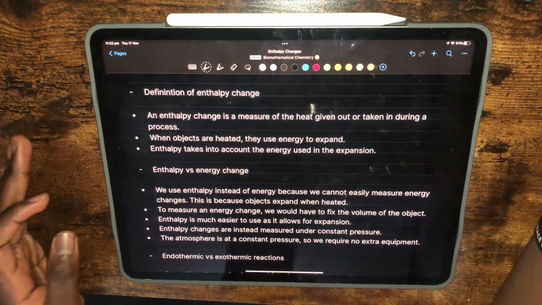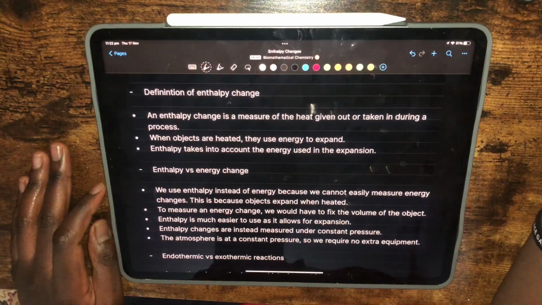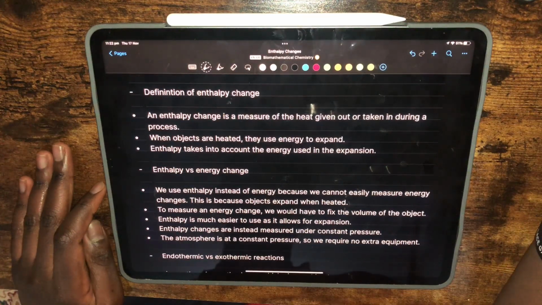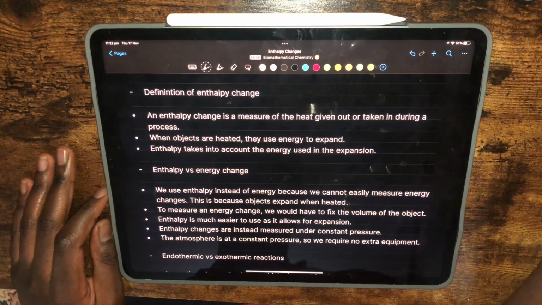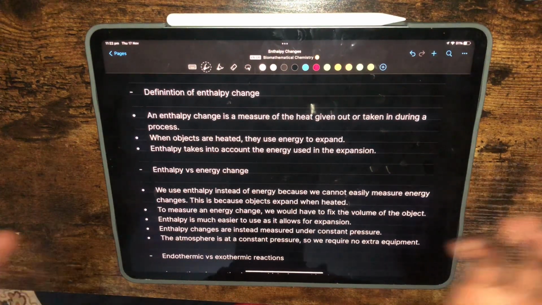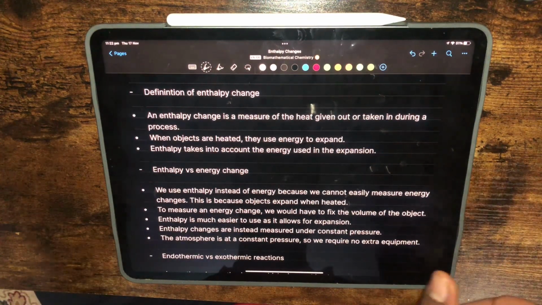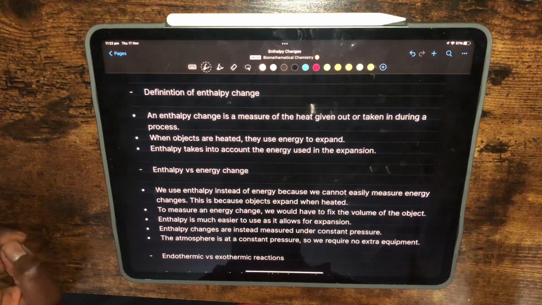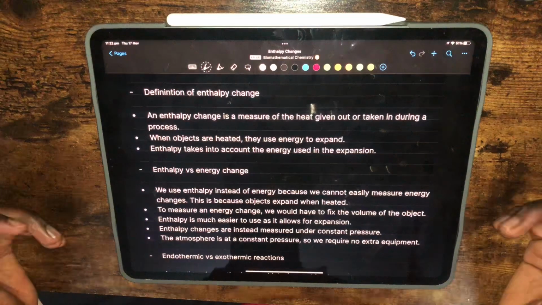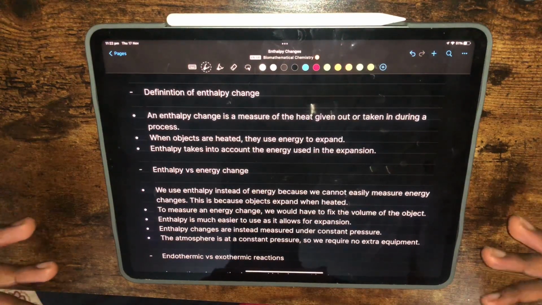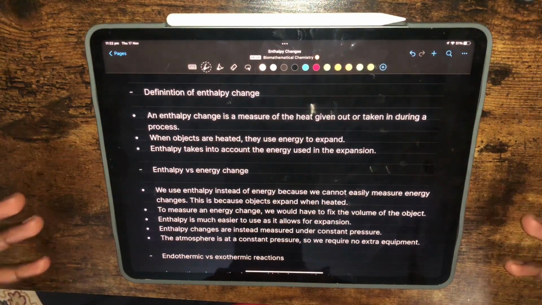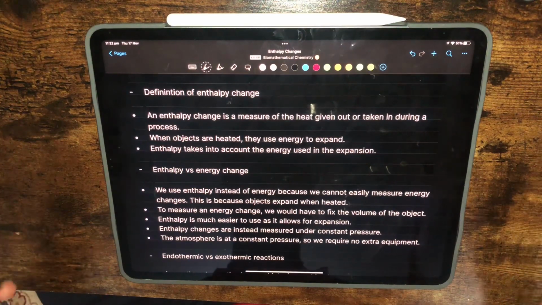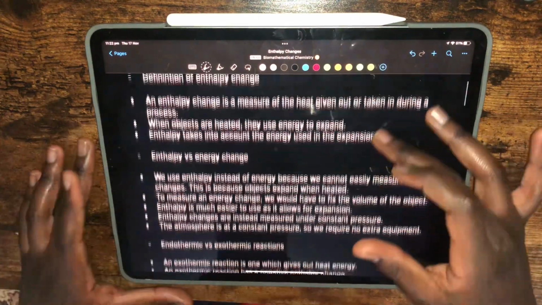The problem with energy is that when you heat something, it gains energy, it also expands, and energy is used for that expansion, and you're not considering that energy that's used up for that expansion. Enthalpy takes into account the expansion. It's mostly to do with pressure, because it's at constant pressure, but I'll go into that now.